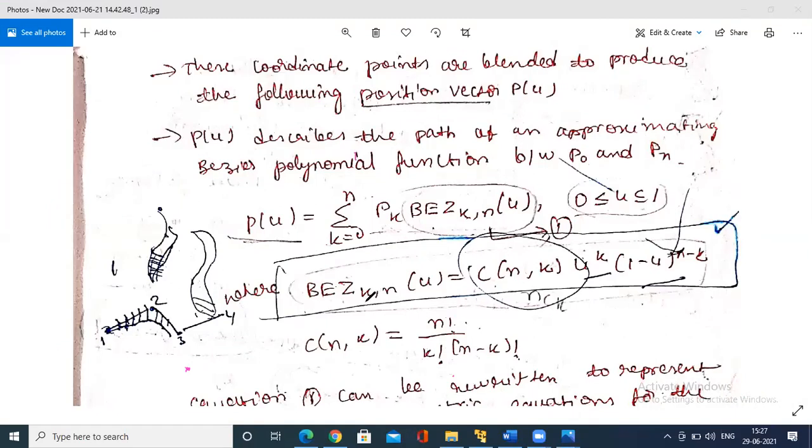So for Bezier using k and n, same thing we have used. We have to calculate C of n,k. So C of n,k is nothing but n factorial divided by k factorial times n minus k factorial. For computing this, we have called the binomial equation. So what is n factorial? If I say n factorial, you have to compute the numerator till n minus k.